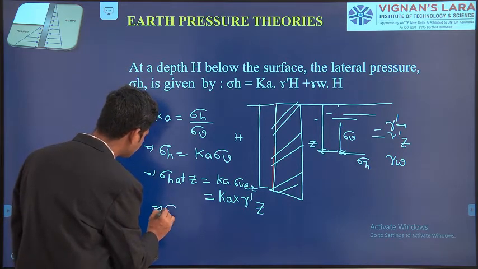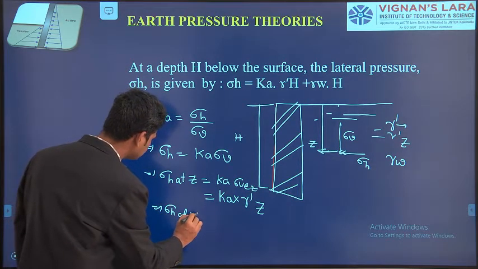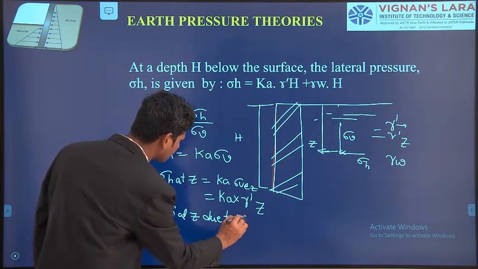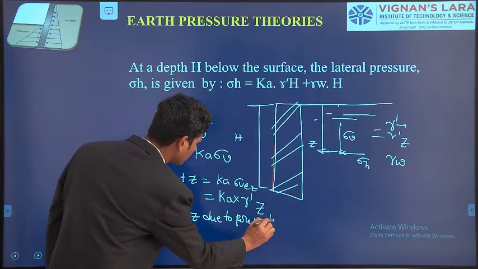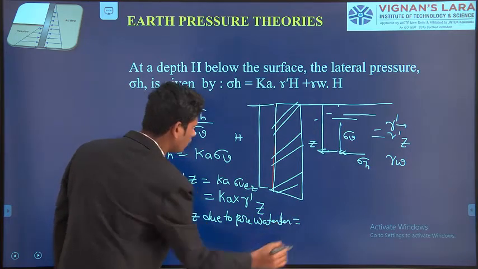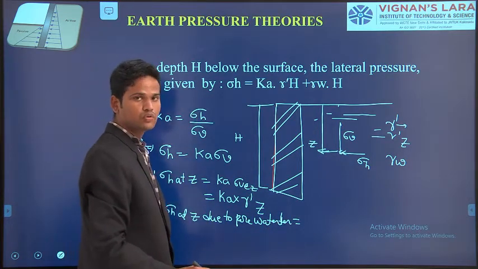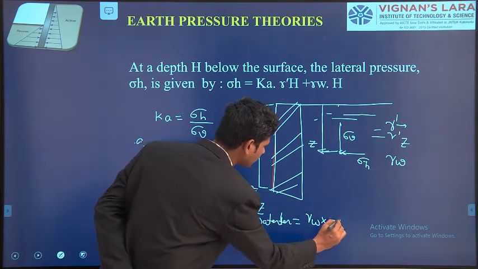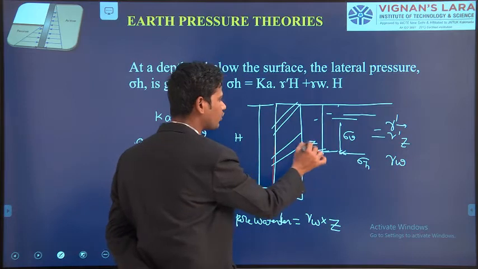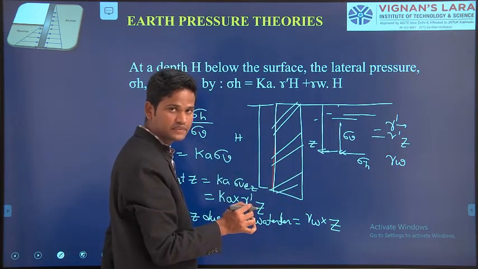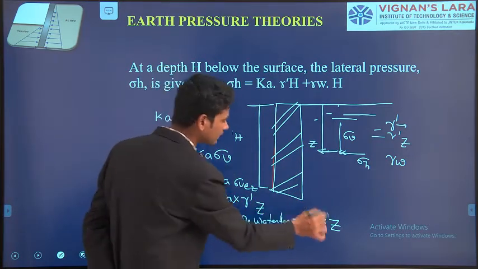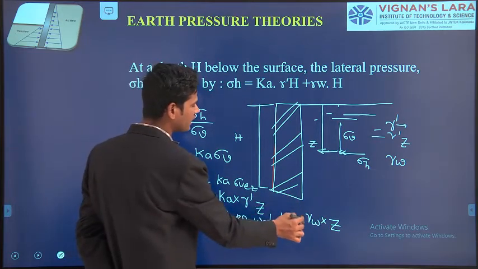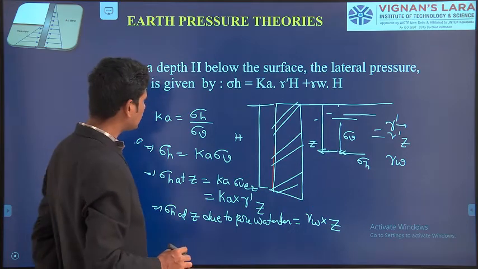That means sigma h at z due to pore water is nothing but gamma W into z, the depth at which you are considering, into the unit weight of the water, which we take as gamma W.